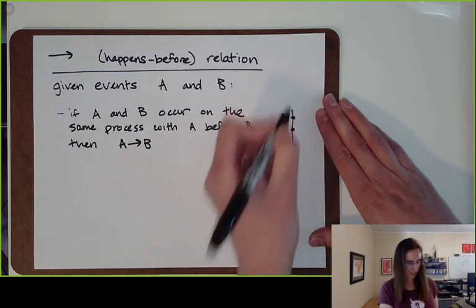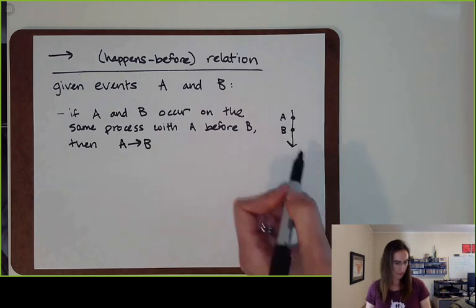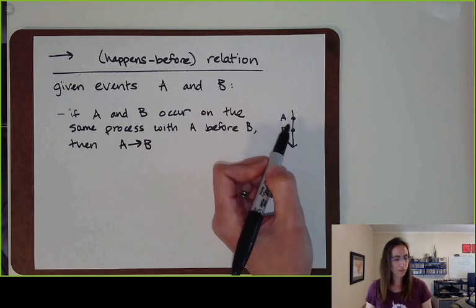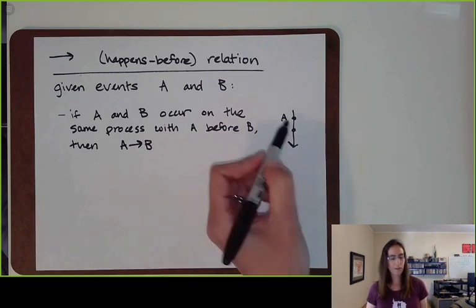If you have a Lamport diagram consisting of a process and you have a couple of dots on that process line, and A is higher up than B, then you know that A happens before B.